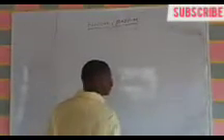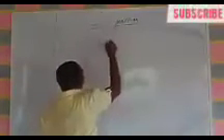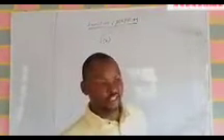Okay, let's take another question. If f of s, don't forget, it may not be only f of s, it can be k of s, it can be p of s, it can even be d of s. Okay?